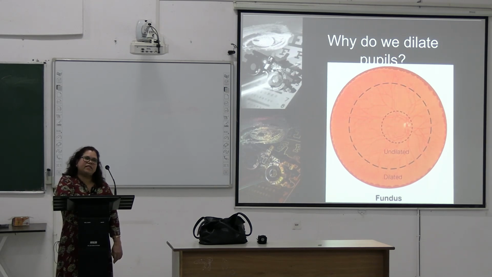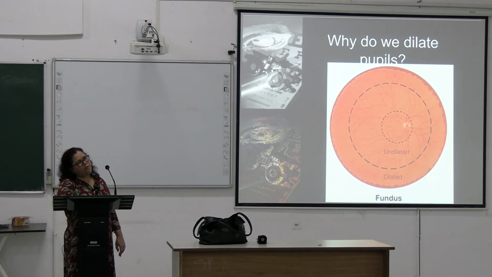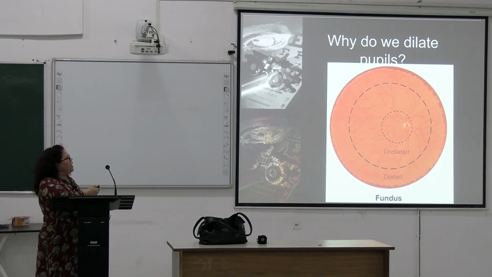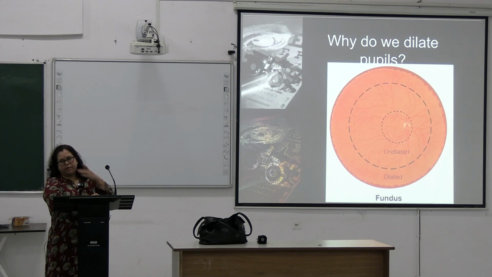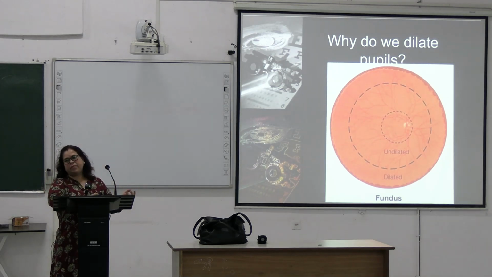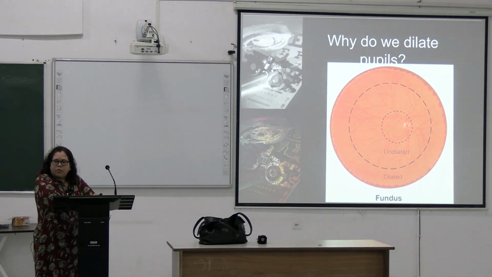Anyone? Ora serrata is the junction where the ciliary body ends and choroid and retina start. So with the help of indirect ophthalmoscopy, we see up to the ora serrata. But with direct ophthalmoscope, we see up to the equator.